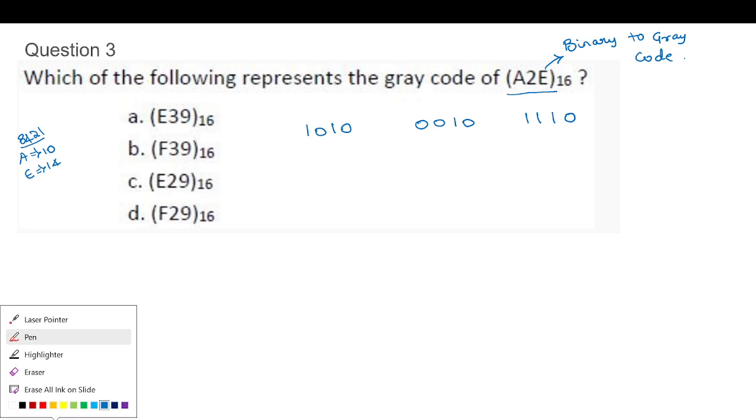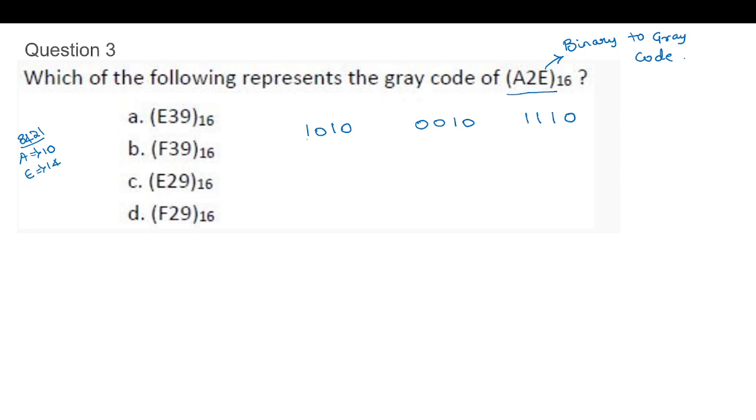Then next, the first bit will be same. Next bit will be the previous one XORed with this. Then the next will be 0 XORed with 1, and the next bit will be 1 XORed with 0.